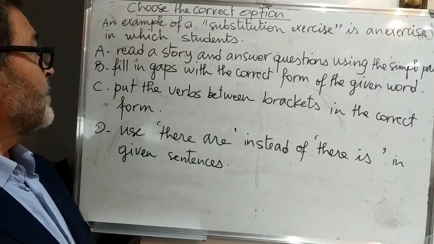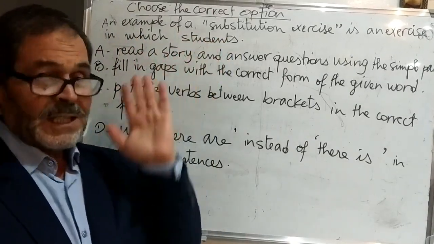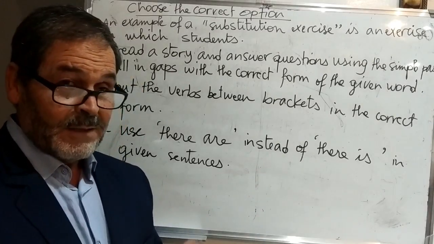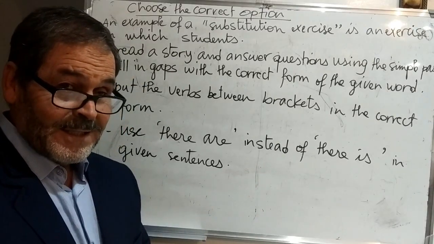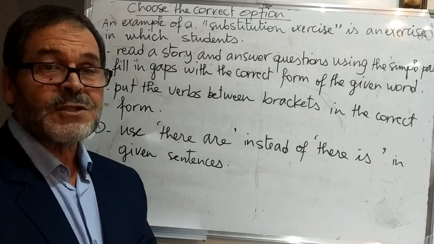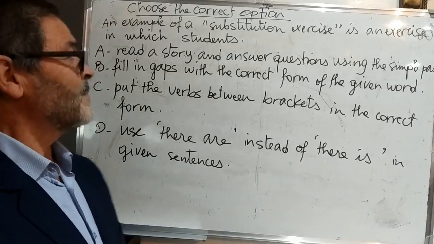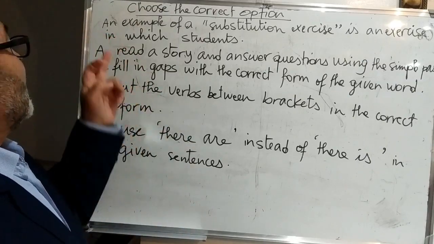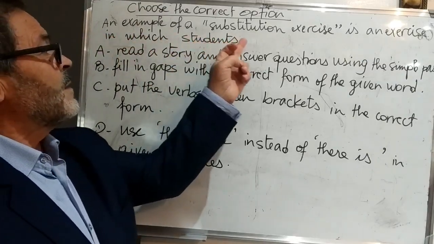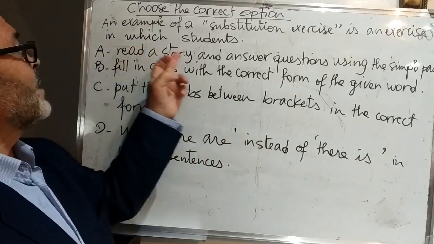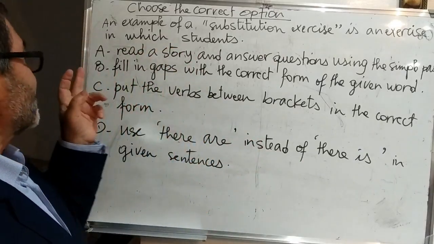Looking at the blackboard, we have: choose the correct option. Usually we have multiple choice. We have A, B, C, D, and we choose one. Of course, we should be convinced about which one is correct and which one is false. An example of a substitution exercise is an exercise in which students, we have choices.